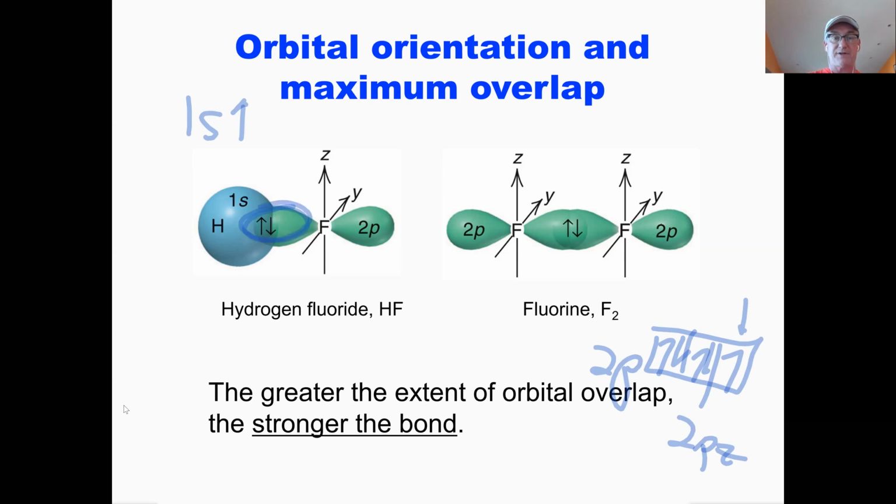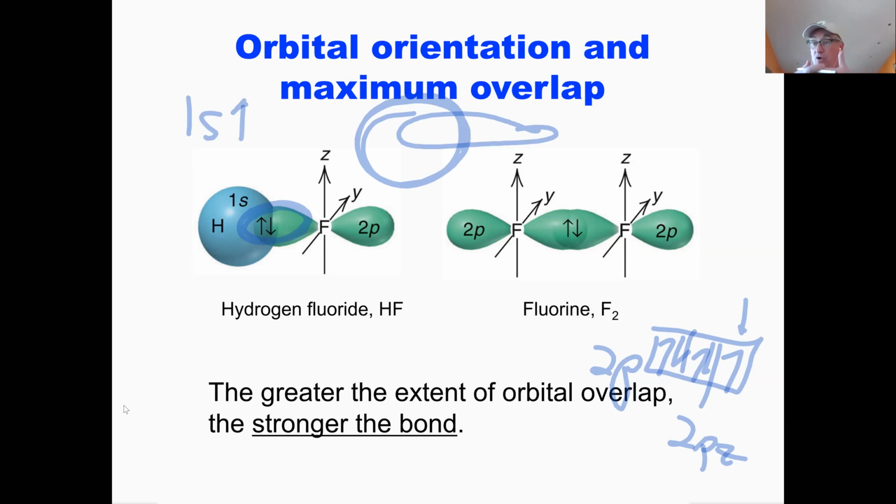And it overlaps. Notice that it doesn't overlap completely because the shape of the P and the S are different. S has a round spherical shape and P has that sort of more narrow balloon animal shape. So they do overlap, but they don't overlap quite as much. So the bond is slightly weaker than it would be if you have a complete overlap.